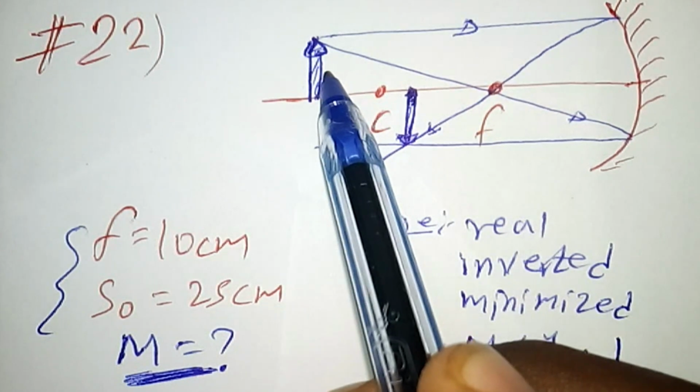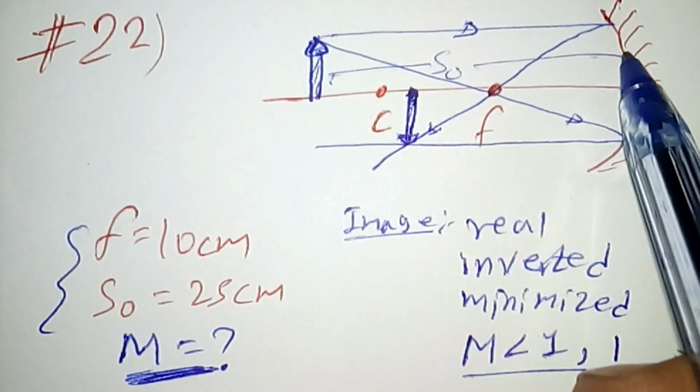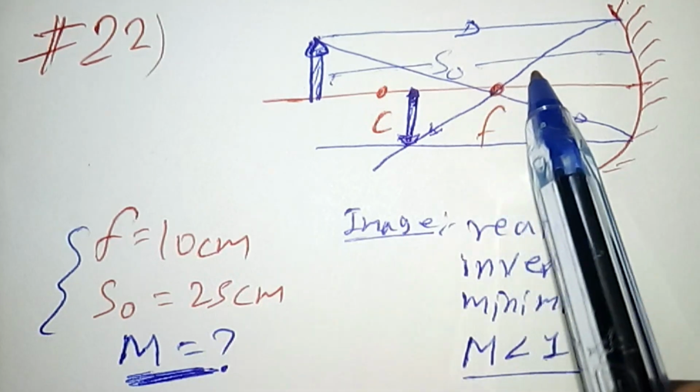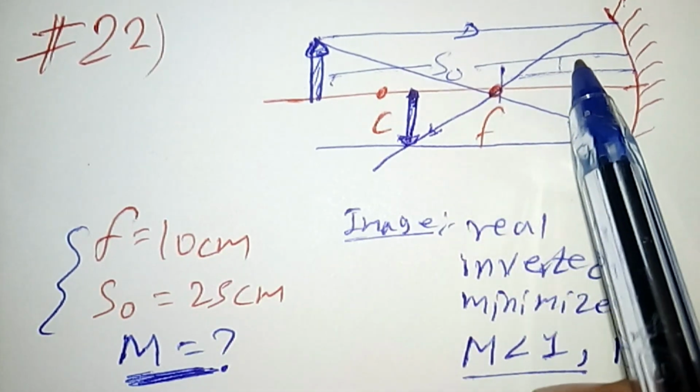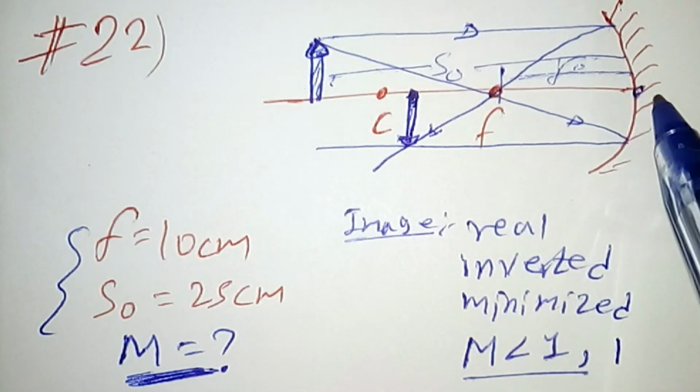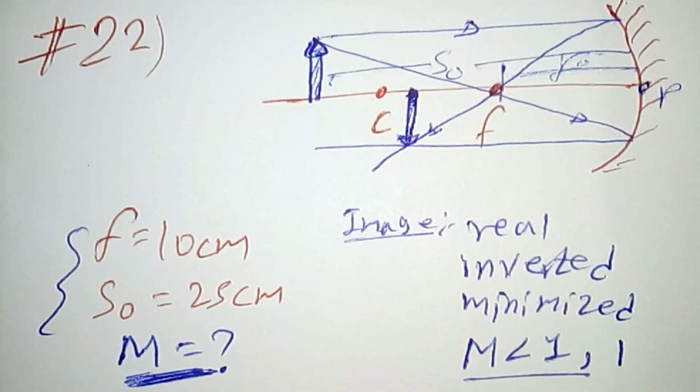The object is placed at a distance of 25 centimeter, and the focal length of the mirror is 10 centimeter. This is the 10 centimeter focal length of the mirror, from the focal point up to the vertex, or P, of the mirror.